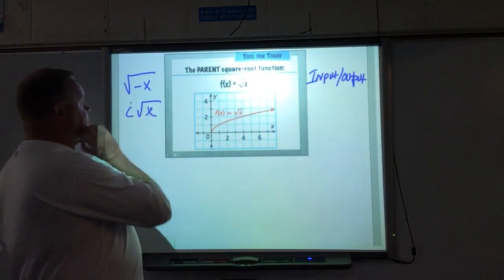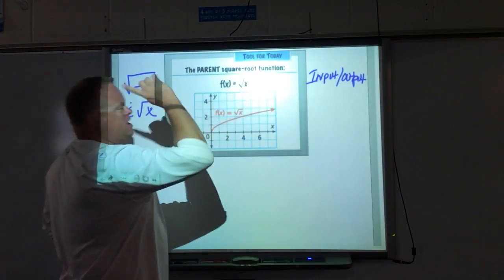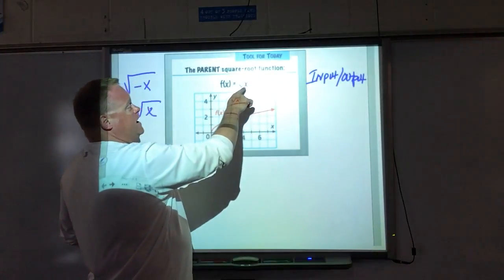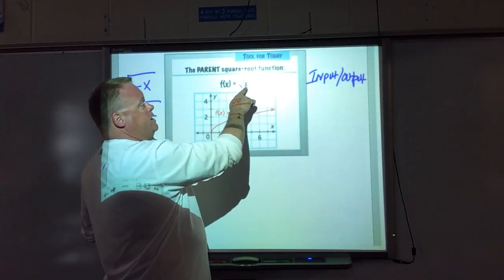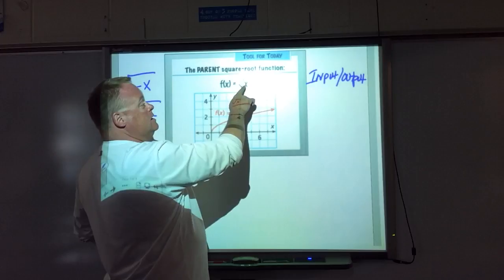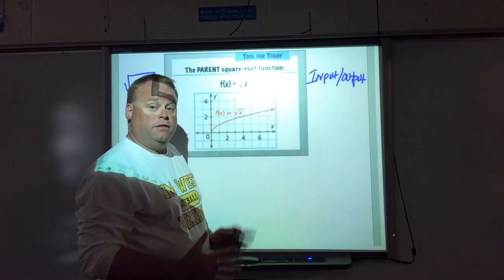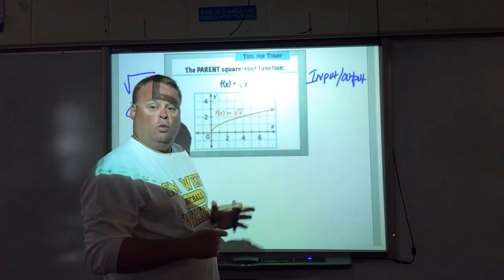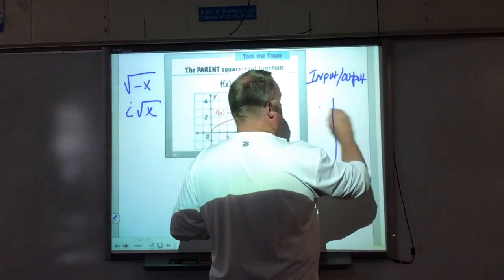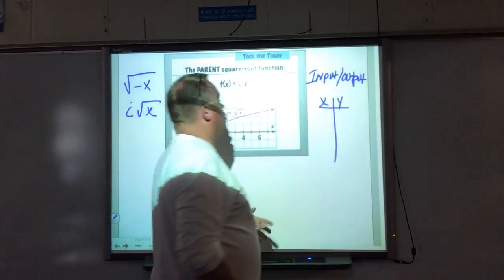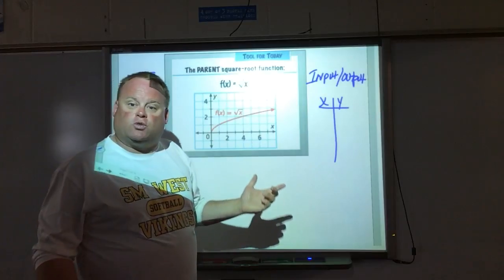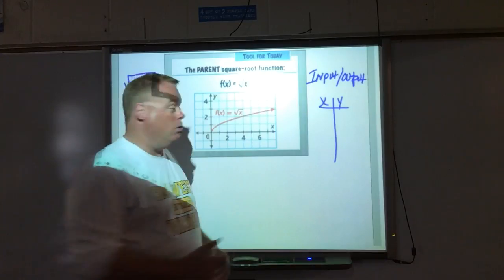If I look at this, and I've thought about input, output, if I have the radical x, and I know this can never be negative, then where can I start? Well, I can start at 0. What is the square root of 0? 0, right?